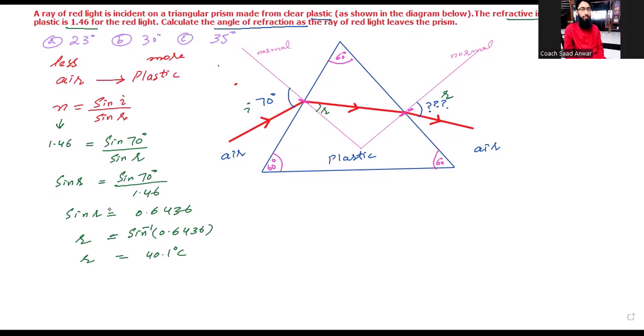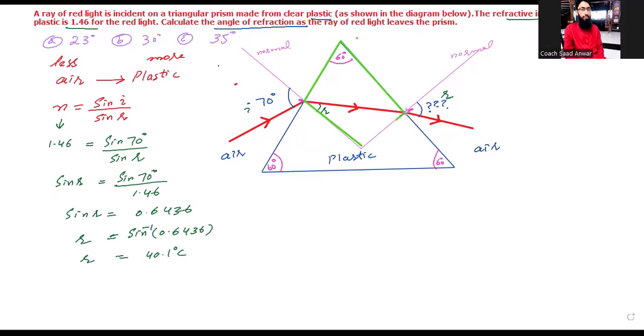Now, guys, what I am going to explain is the geometry of the prism. Hello, guys. Now, look here. This part of the prism, which I am marking with an orange color.